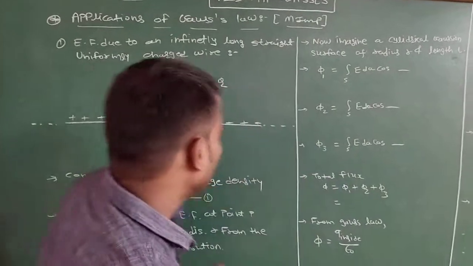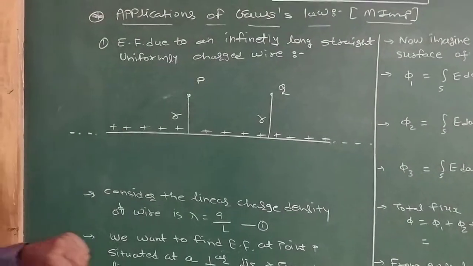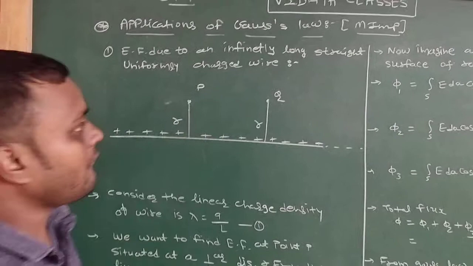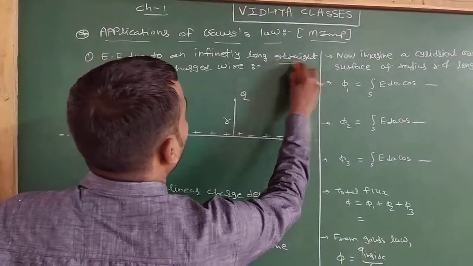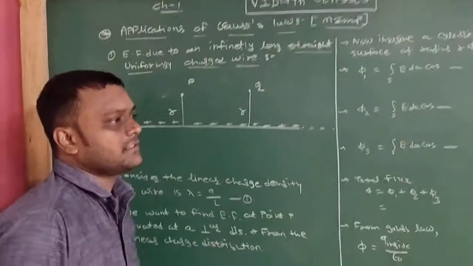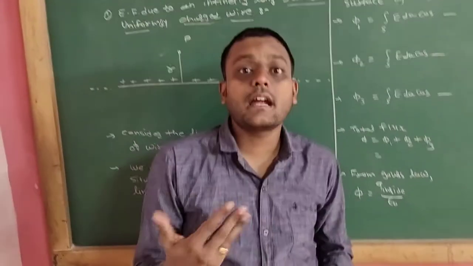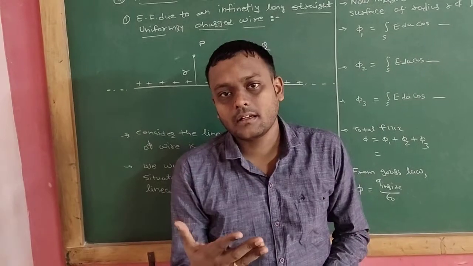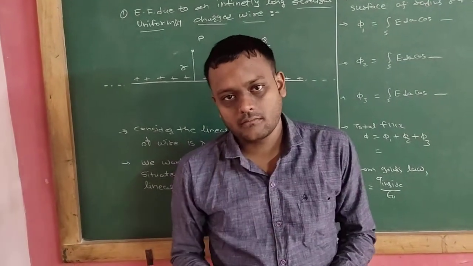Okay, so what is the first question? Electric field due to an infinitely long straight uniformly charged wire. We discussed the linear charge distribution in the previous lecture, because a wire is a one-dimensional object.